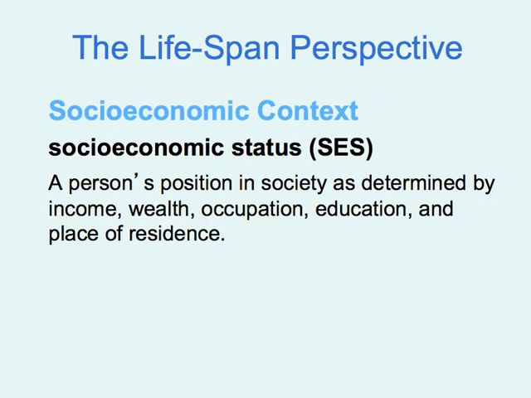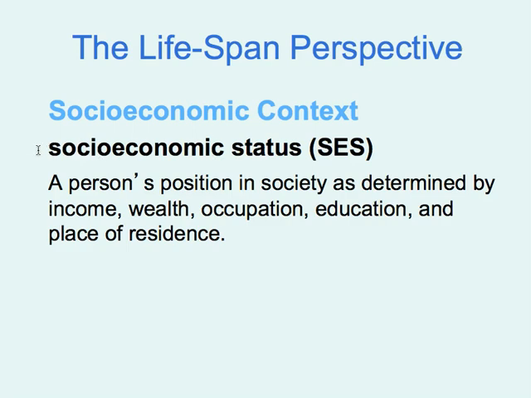Now, of course, socioeconomic status is a contextual factor that is highly influential in terms of the way that we develop. So a person's position in society as determined by their income, wealth, occupation, education, and place of residence, these factors collectively are often referred to as socioeconomic status.